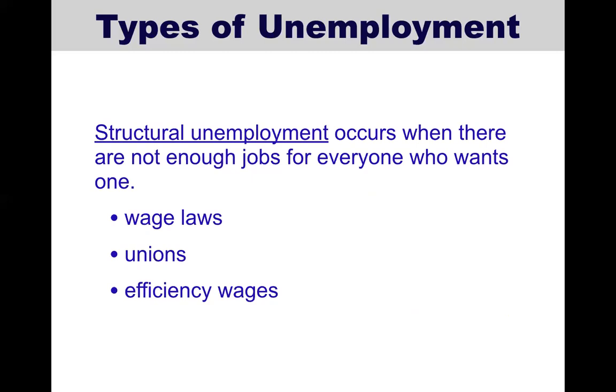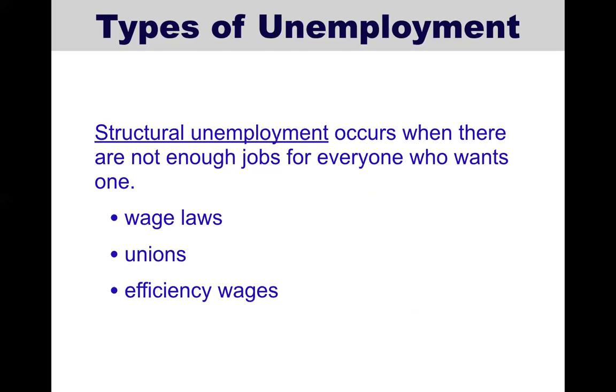So wage laws like minimum wage are established by the government. And because we have this minimum wage, there are many people who say generally the minimum wage is higher than what it should be. It's higher than what we would consider a microeconomic equilibrium.